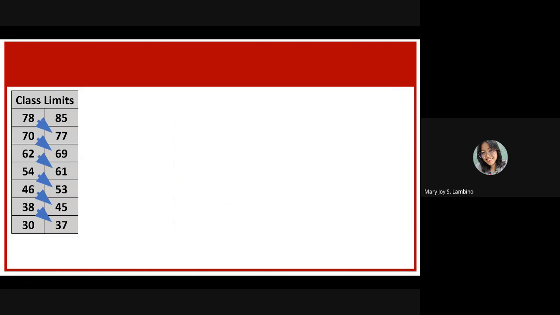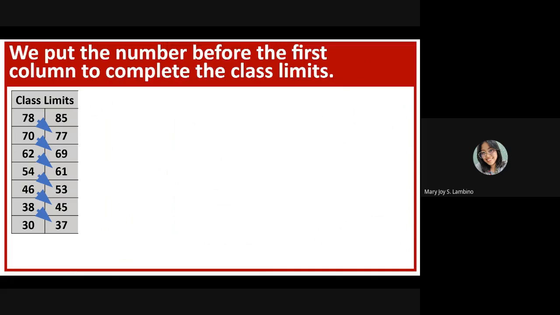So let's proceed to complete the table. We put the number before the first column to complete the class limits. Therefore, 30 to 37, 38 to 45, 46 to 53, 54 to 61, 62 to 69, 70 to 77, 78 to 85.